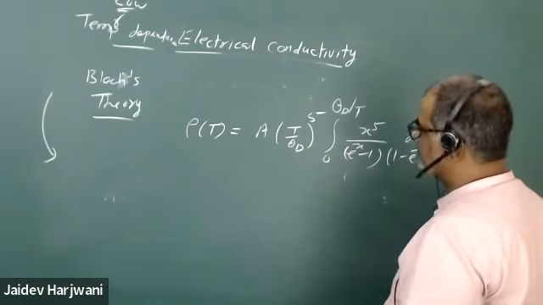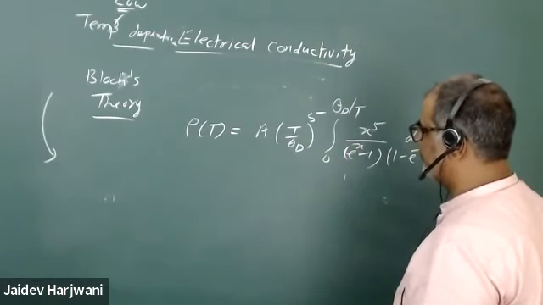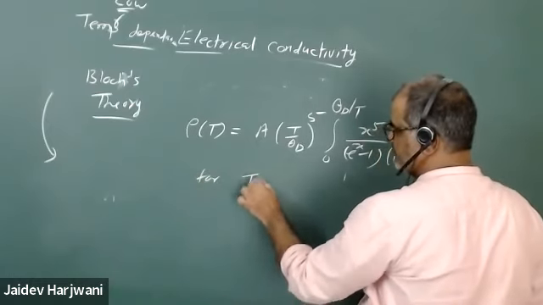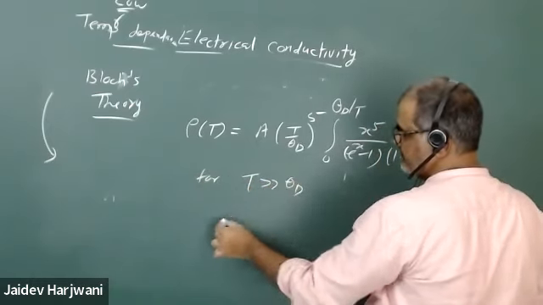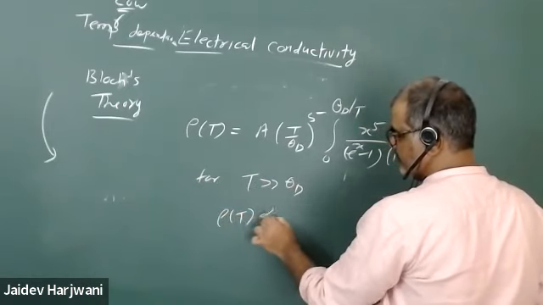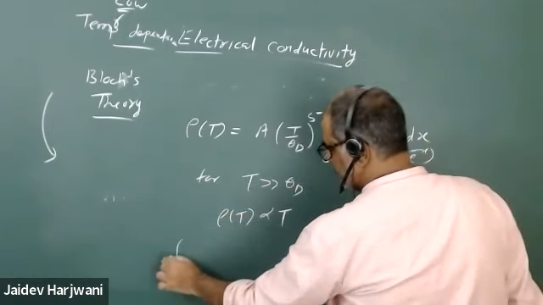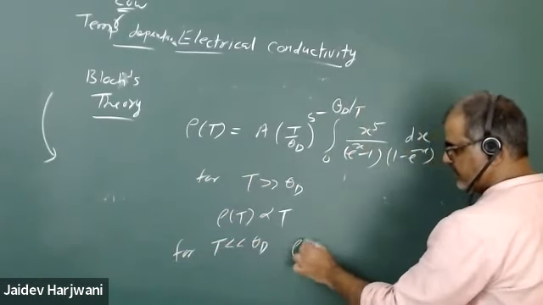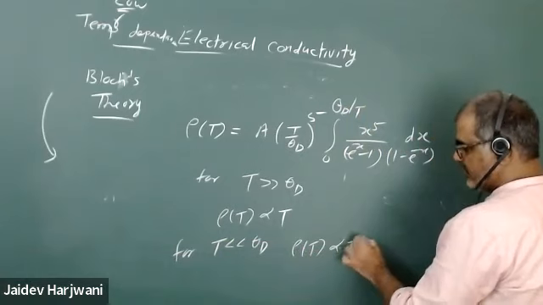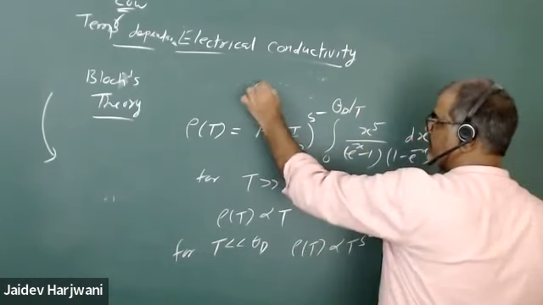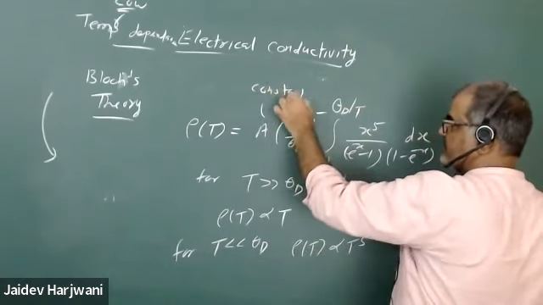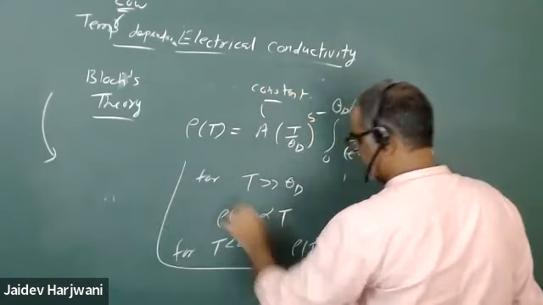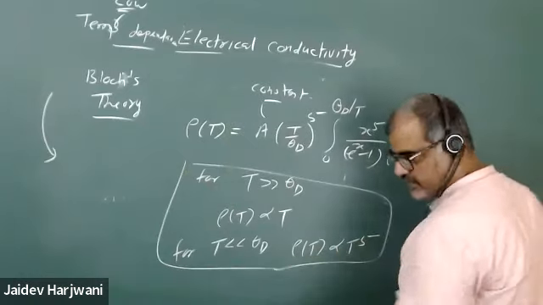When we solve this formula for temperature T greater than theta D, it gives rho(T) proportional to T, and for T below theta D, this formula gives rho(T) proportional to T^5. Here A is a constant. If we solve this integration, we get these values.